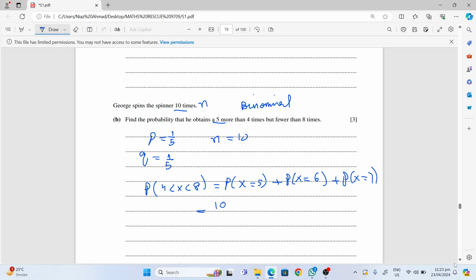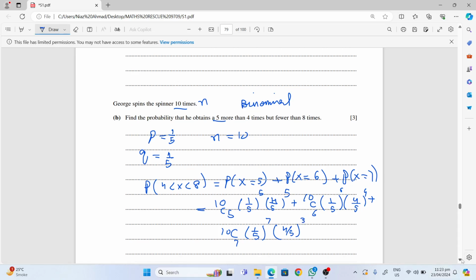So 10C5 into 1 over 5 to the power 5, and q is 4 over 5 to the power 10 minus 5. Then this is 10C6 into 1 over 5 to the power 6, and failure is 4 over 5 to the power 10 minus 6, that is 4, plus 10C7 into 1 over 5 to the power 7 into 4 by 5 to the power 3.